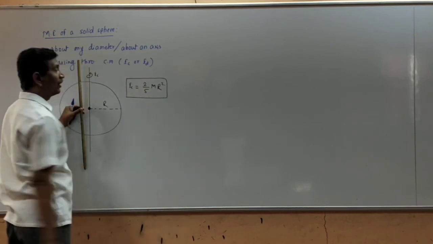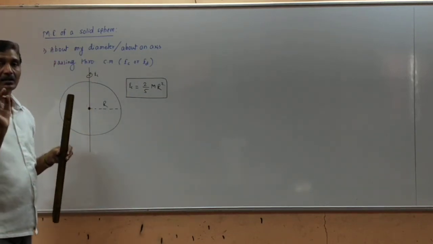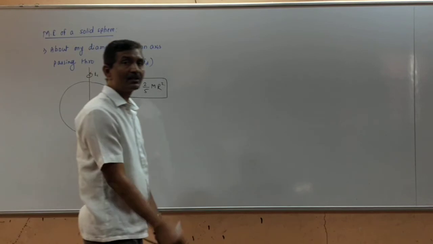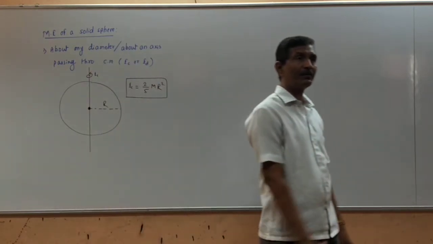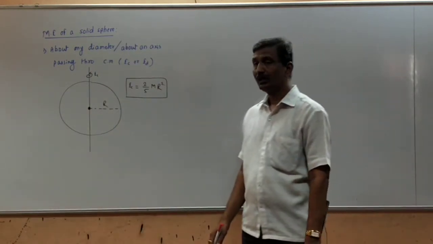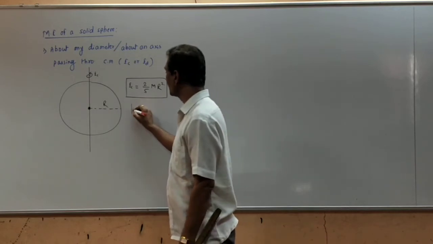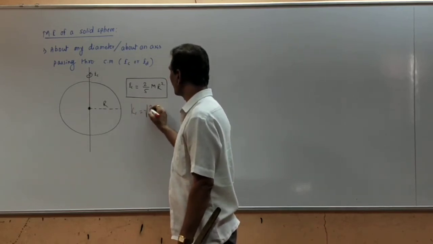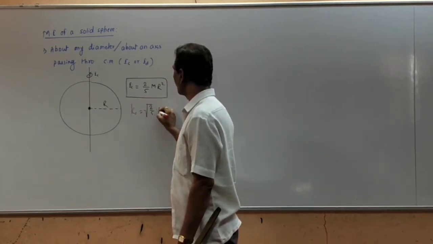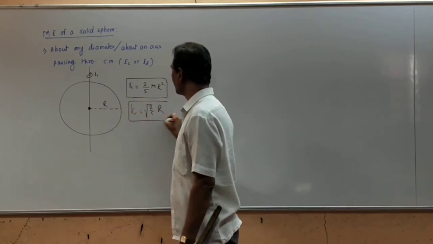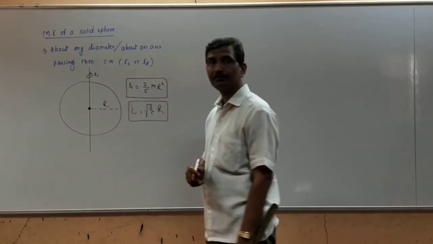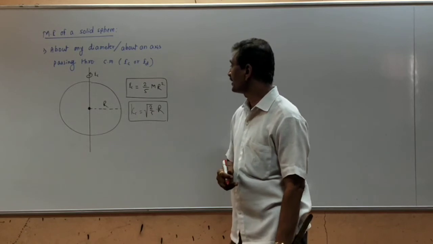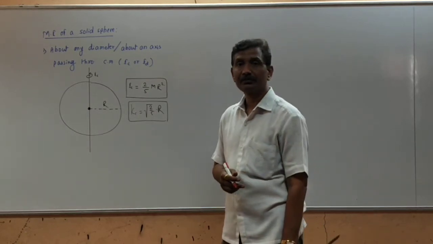Proof of this formula is not related to our syllabus, hence we avoid it. Consider only the formula IC is 2 by 5 mr square. What is its Kc? Compare this formula with mk square. Hence we get Kc is equal to root 2 by 5 into R.